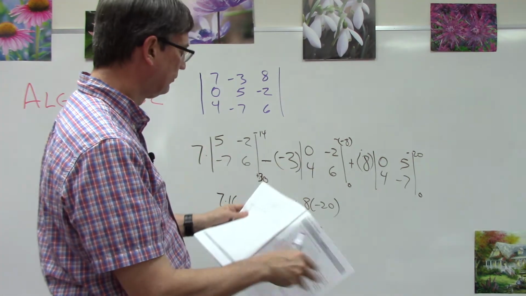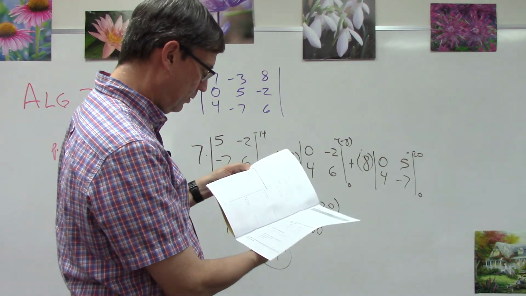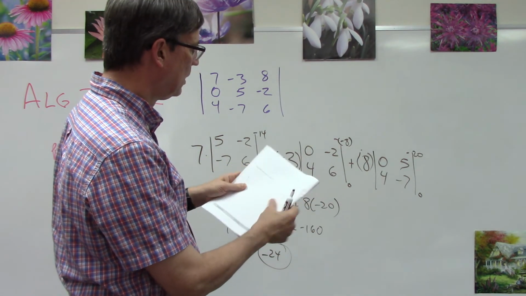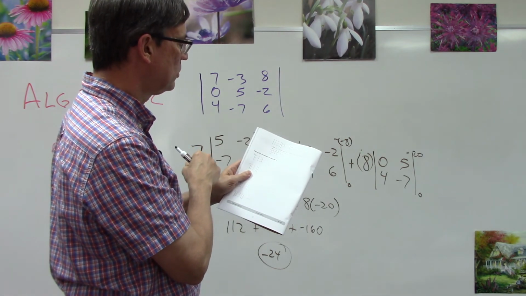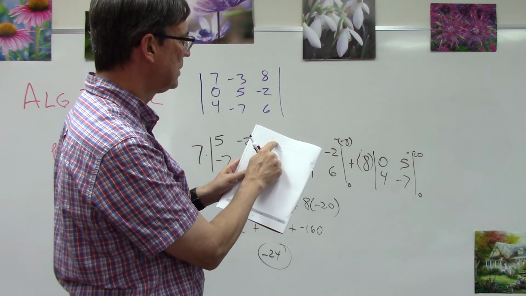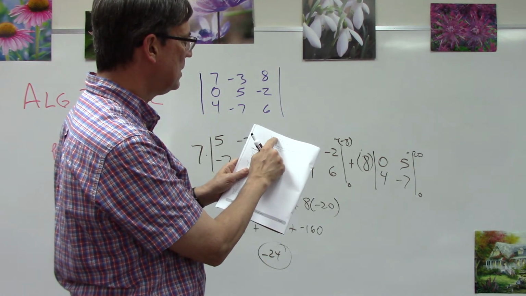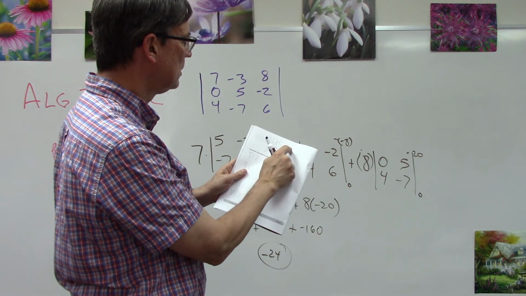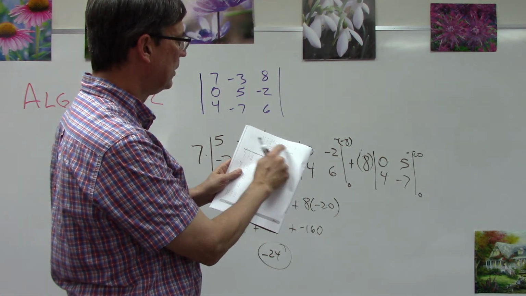All right, turn the page, they do another example, taking a matrix, trying to find the determinant. So 4 times these, and then minus 8 times these, and then plus 2 times these 4 here.